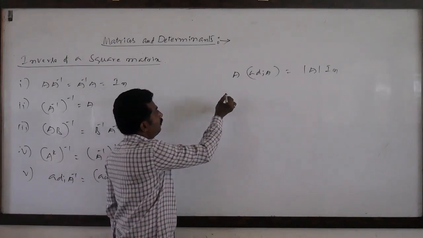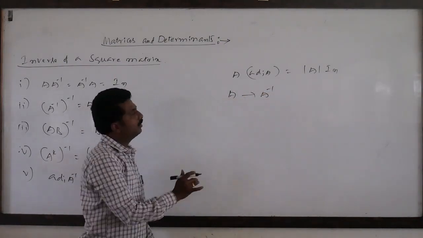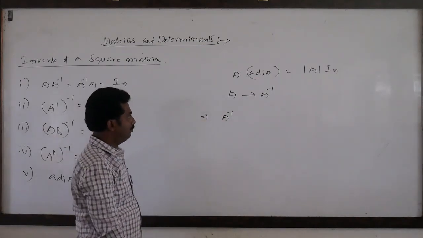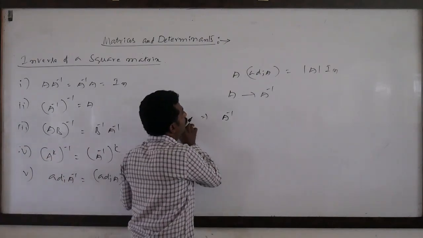Wherever A is there, in that place I am replacing A inverse. So A inverse into adjoint of A whole inverse, you know.